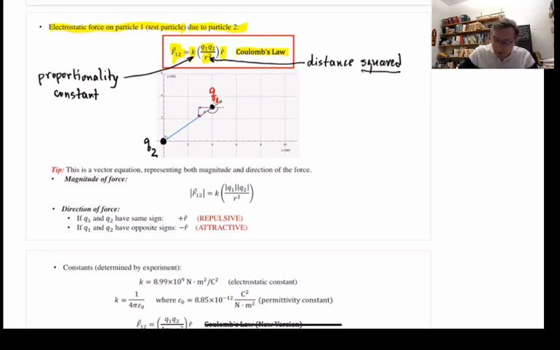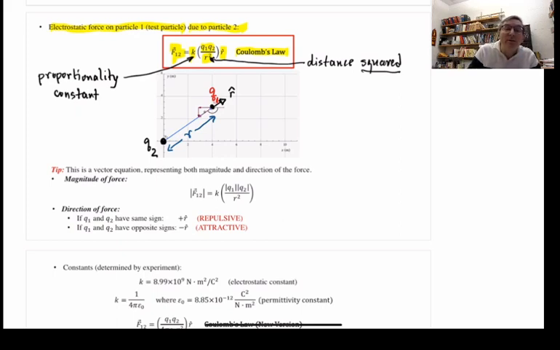One's positive and one's negative. R is the distance between them, straight line distance. R hat is drawn up here. It's along the line connecting them and away from 2. And then the force is attractive.